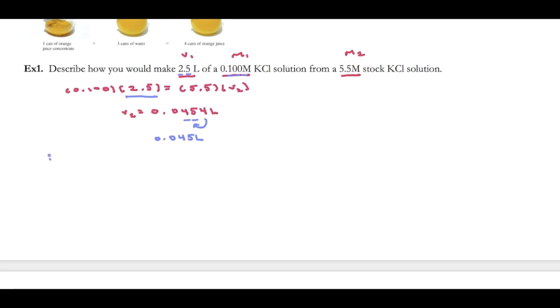So as far as instructions are concerned, you're going to measure out 0.045 liters using a graduated cylinder, and then you're going to add enough water to get a final volume of 2.5 liters.